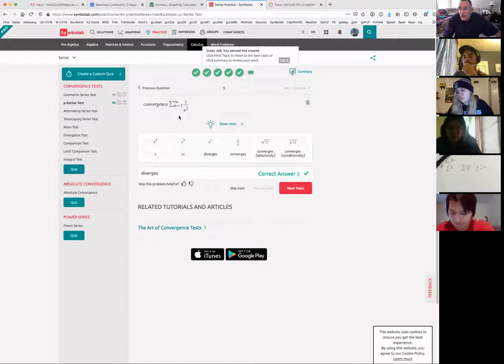Your graphing calculator will tell you if a series converges or diverges. And if you want to see the steps on the TI-89 and you've never done that before, you can ask me later and we'll go through the steps. Or you can look online and search series convergence TI-89, and you'll get a whole bunch of information about how you can test series using your calculator.